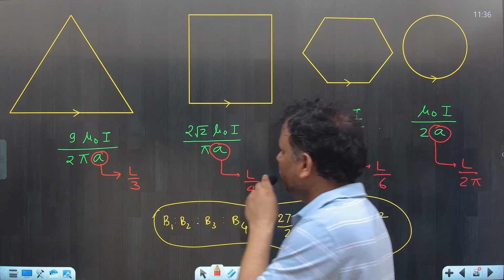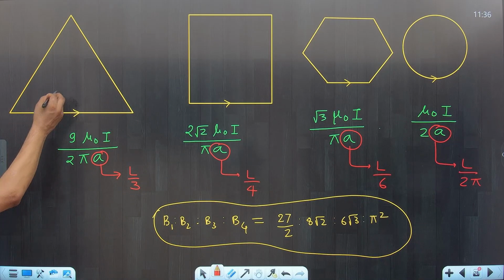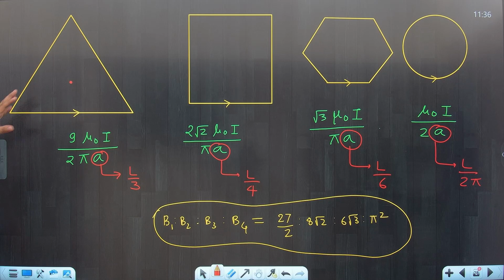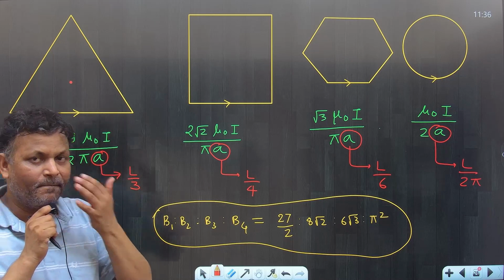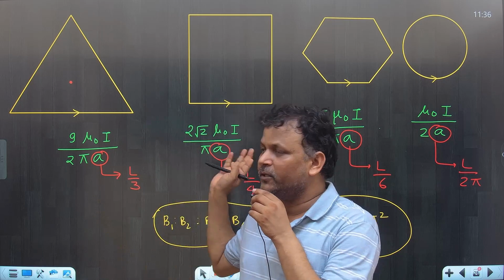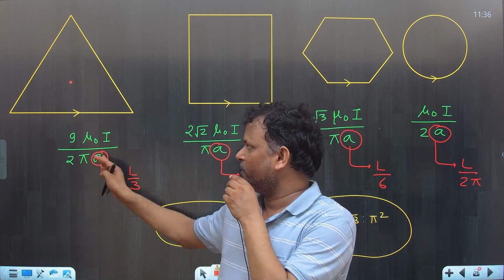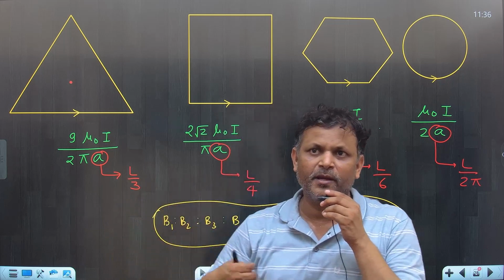As you have calculated earlier, the magnetic field at the centroid of an equilateral triangle is 9 mu naught I by 2 pi A. You must not cram this, you have to calculate it in the exam. I have just calculated it earlier, a few problems before. It is 9 by 2 pi mu naught I by A, I have just taken it from there, right?